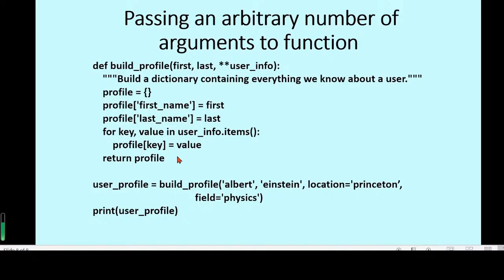Then next we write a for loop over this dictionary's items method, which will give a key value pair.